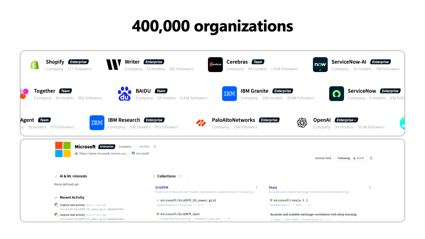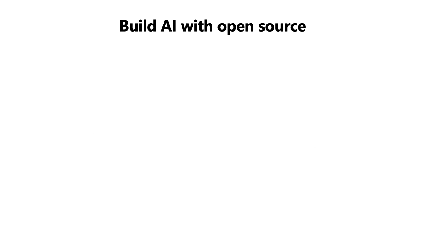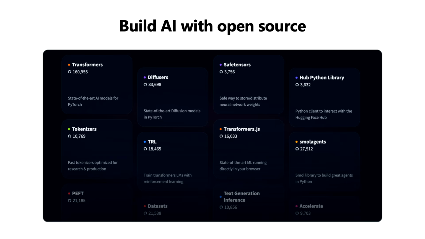And then from all these communities, from all these organizations, come over 3 million open and public models today on Hugging Face. And these cover every task you can imagine. In order to use these 3 million public models, there are over 1 million public datasets. You can use our open source. You're probably familiar with the Transformers library.